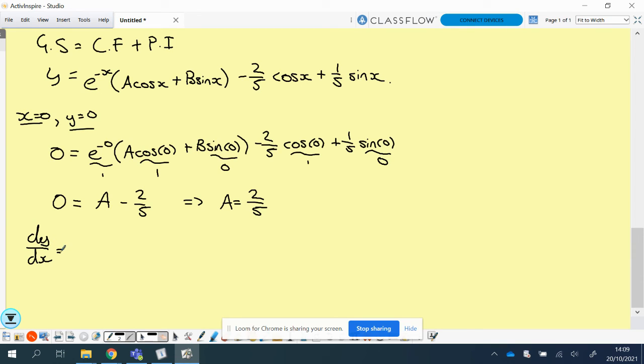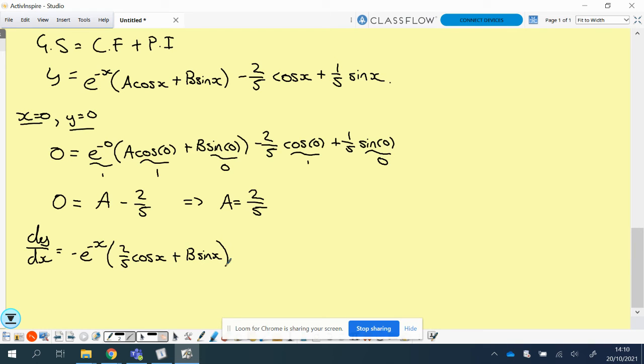We know how the product rule works by now. Keep one thing the same, differentiate the other. If I differentiate e to the negative x, I'm going to get negative e to the negative x, and I'll keep everything else the same. I can substitute the value for a in now, so that's 2/5 cos x. I don't know what b is, so that's plus b sin x.